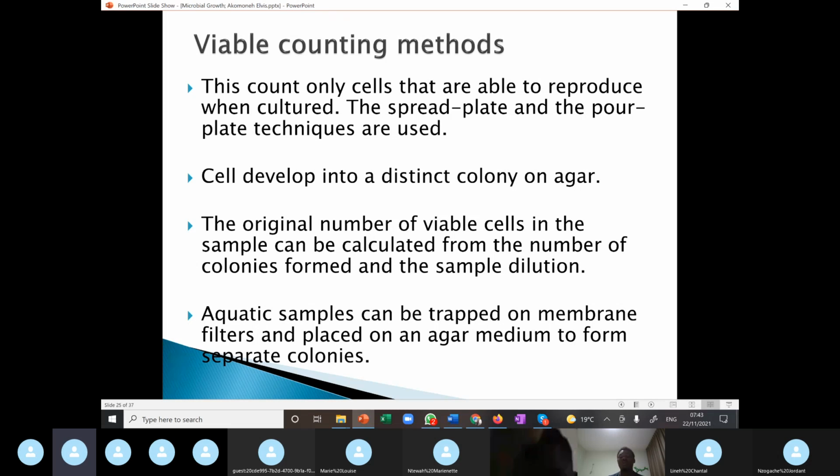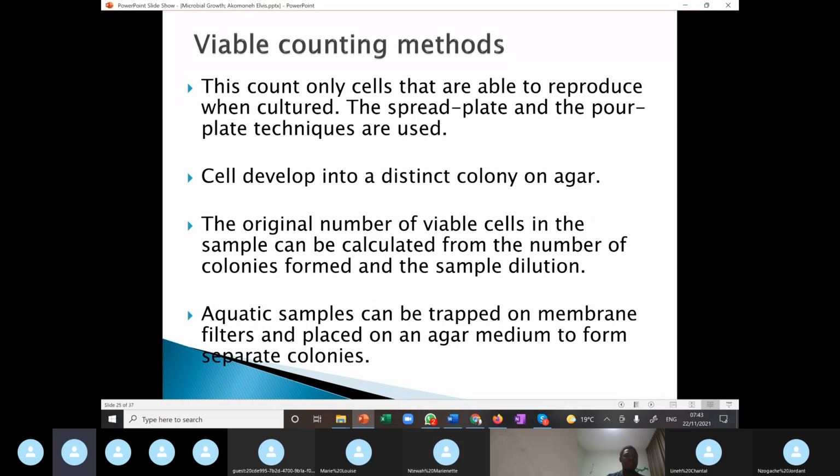And then our assumption is that each colony that we are counting is arising from an individual cell that was found in our sample. So if we have 50 colonies counted, for instance, we are assuming that there were 50 cells in the quantity of sample that was inoculated onto the plate and incubated, and therefore we report it as 50 colony forming units per mL.